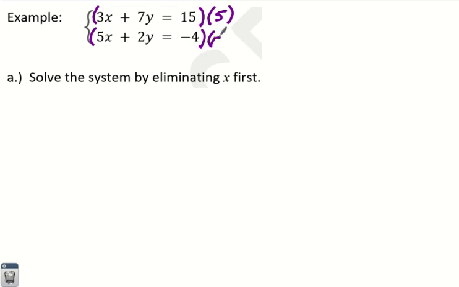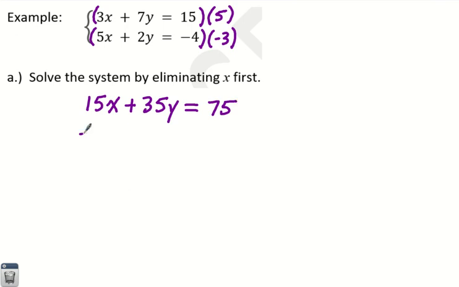So I'm actually going to multiply by negative 3 because, again, they need to end up not being exactly the same but opposites. Okay? So the first equation ends up being positive 15x plus 35y equals 75, I do declare.